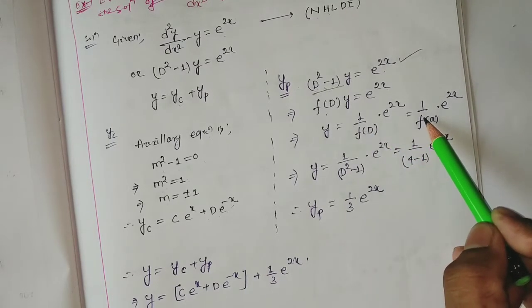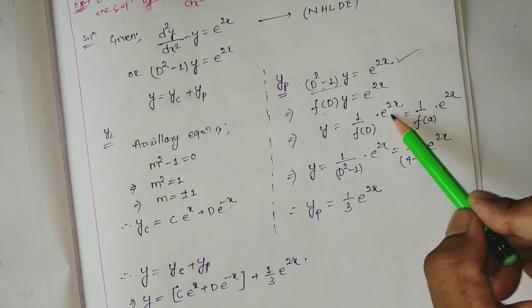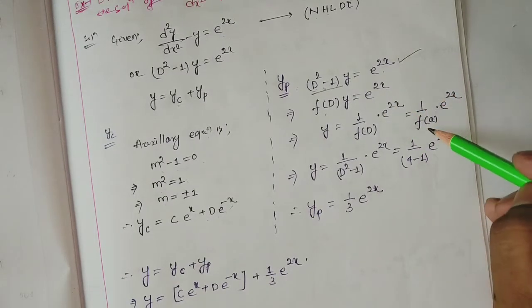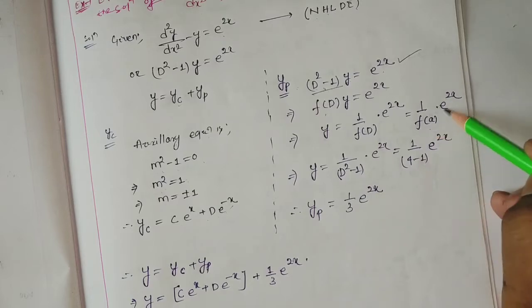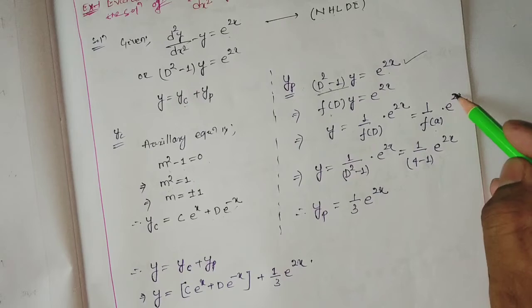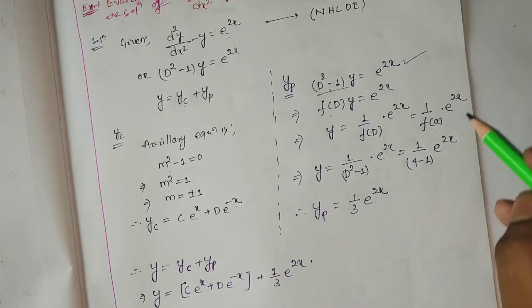As we know, if e to the power ax is there, then the answer will be 1 by f of a into e to the power ax. So here a is nothing but 2.